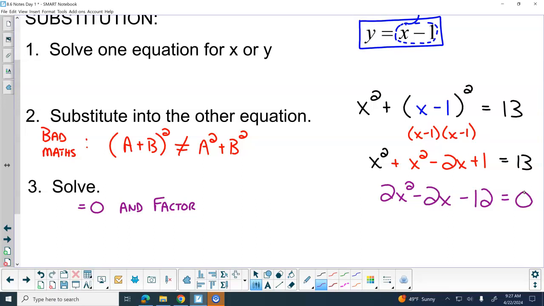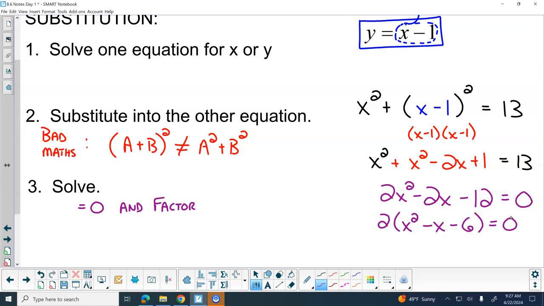Always in factoring, I can factor out a 2. That leaves me with x squared minus x minus 6 equals 0.